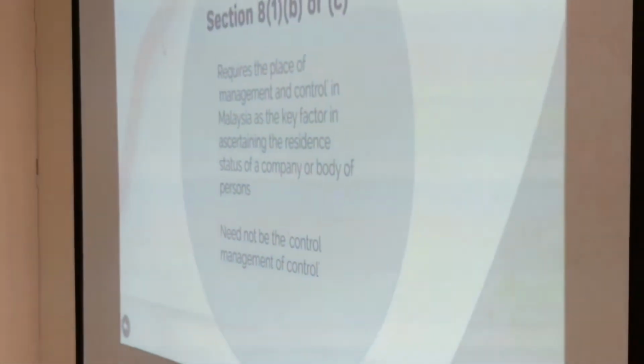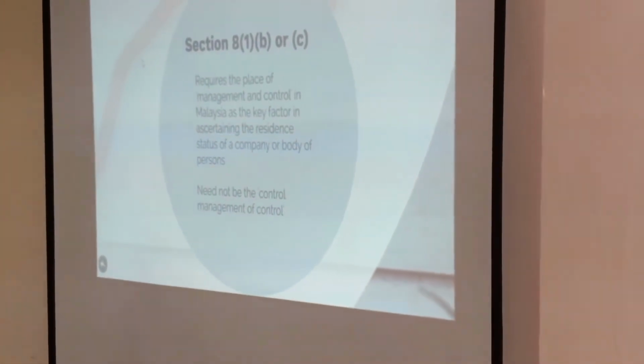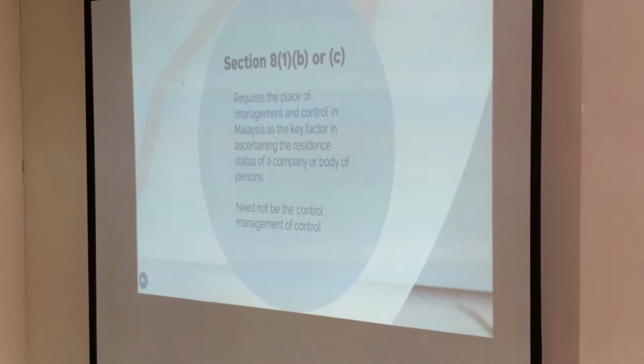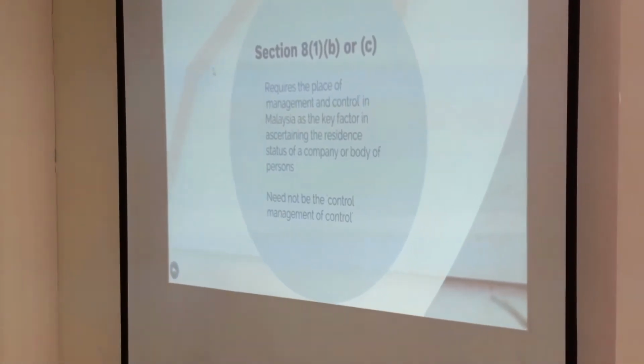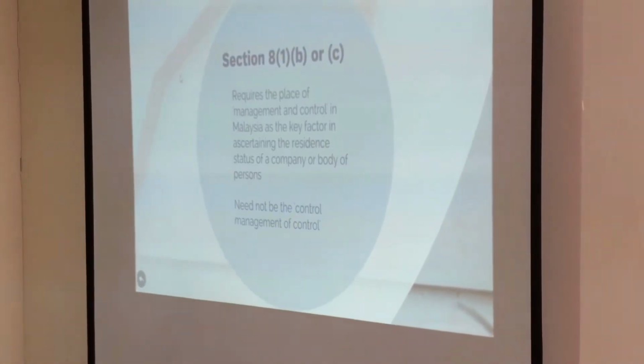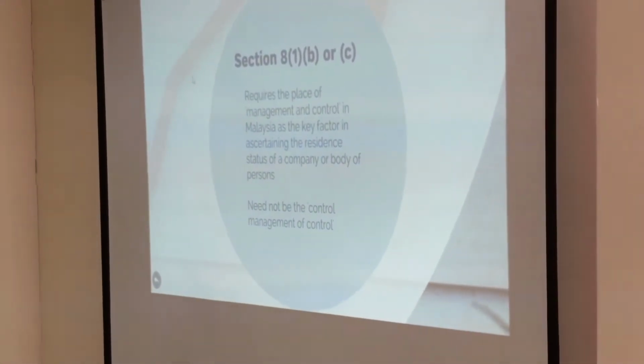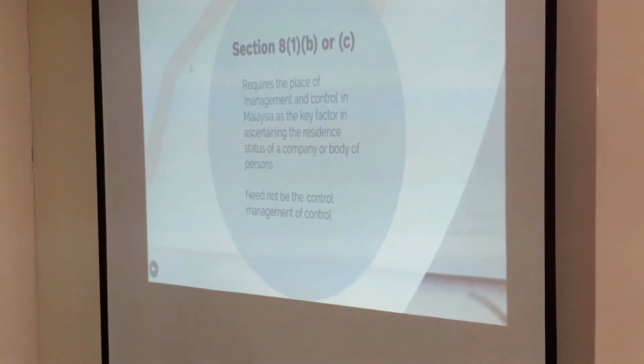So we proceed to the last section to determine the resident status, which is Section 8 Subsection 1B or C. In this section, the place of management and control in Malaysia is required as the key factor in ascertaining the resident status of a company or body of persons.